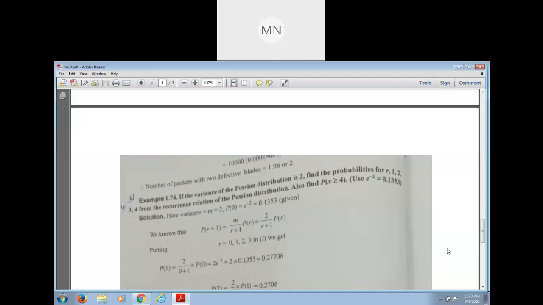Here you are asked to find the values of P of x equals 1, P of x equals 2, P of x equals 3, and P of x equals 4 from the recurrence.